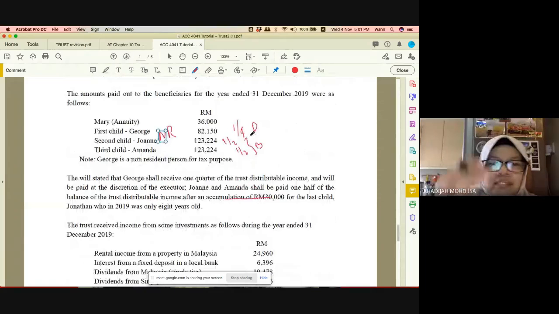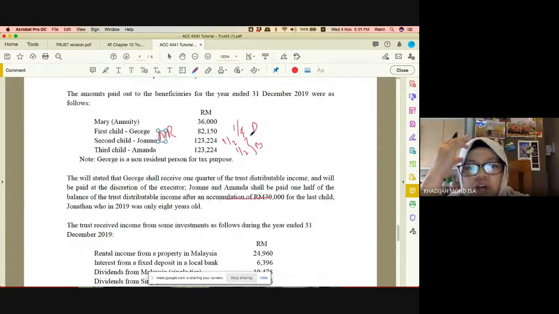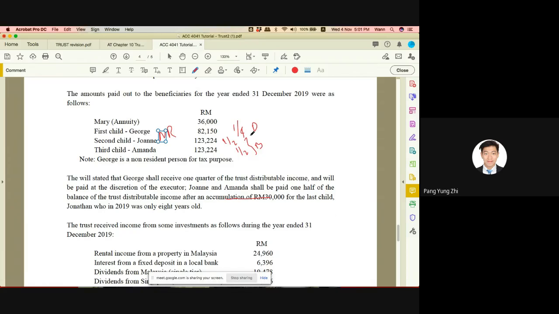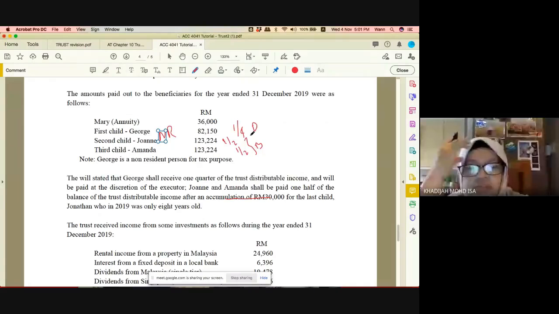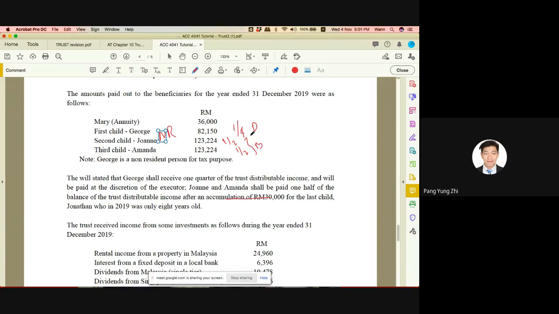Okay, now let me understand this. How many of you actually decided that George is non-discretionary or that George is discretionary? George shall receive 1/4 of the trust distributable income and will be paid. Wait, discretionary, my bad.